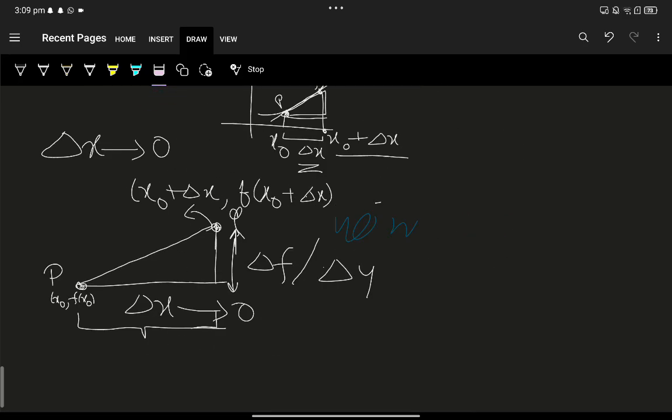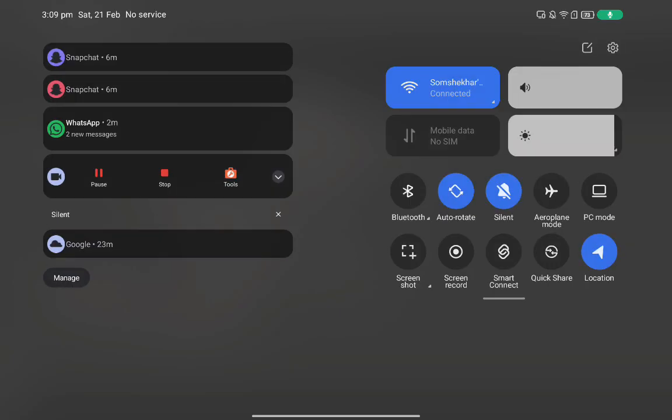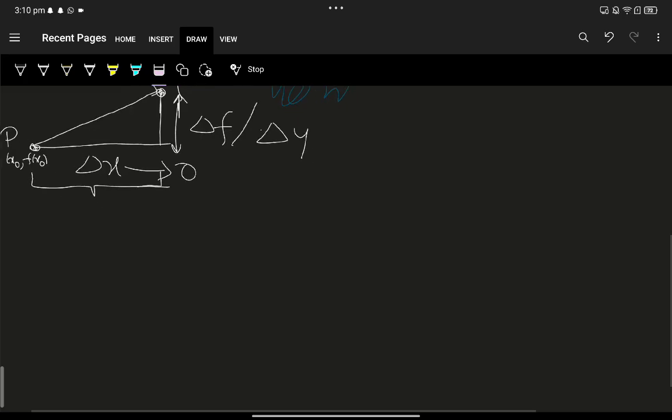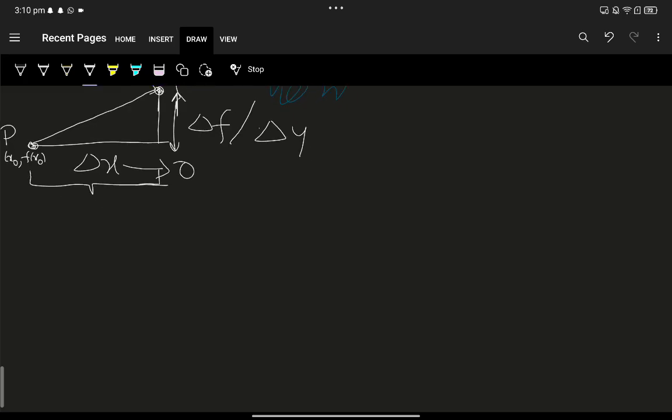And the way we write this, the reduction of delta x, is something like this: limit as delta x approaches 0.